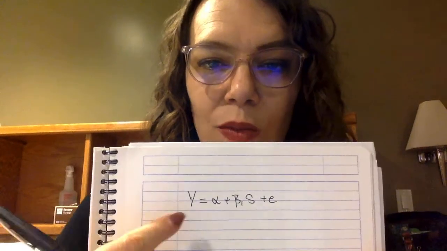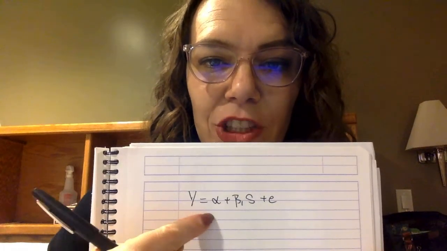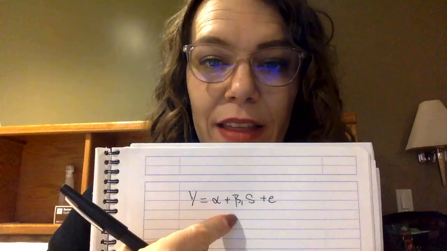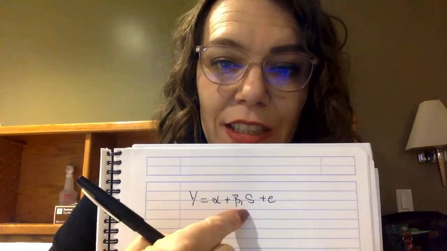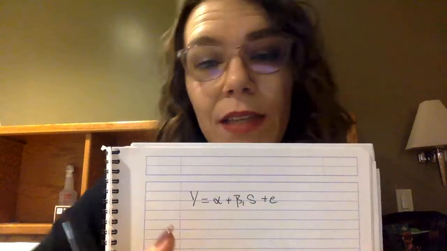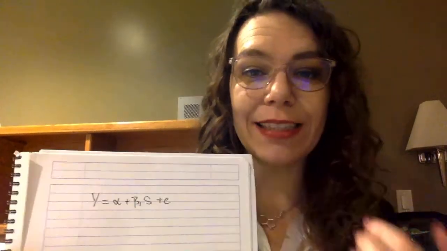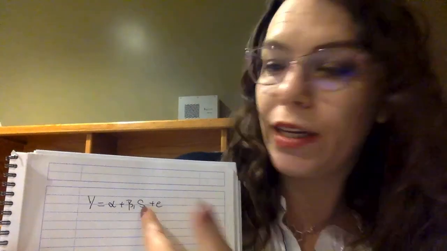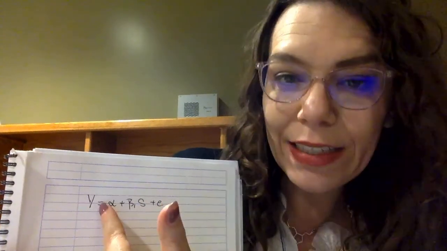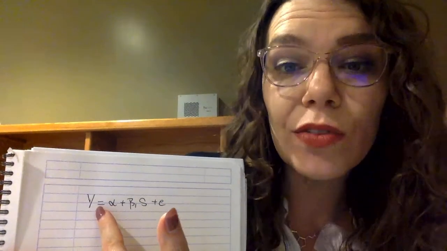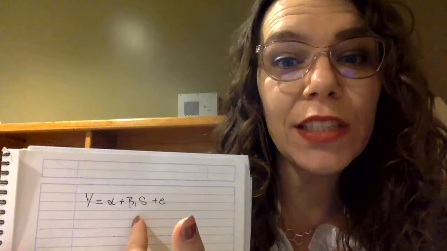In this case, y is income, and it's a function of some constant, and then some coefficient attached to years of schooling, and then some error term that collects everything that's not explained by years of schooling. So we're saying that income is a function of years of schooling and some other stuff.